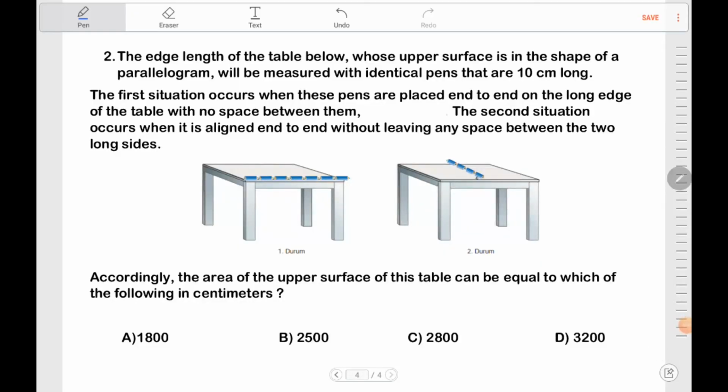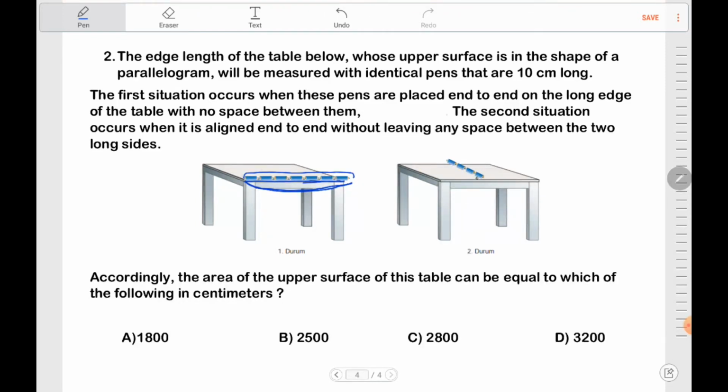So, the long side of the parallelogram is measured with pens like this. However, the length of all pens is not equal to this side of the parallelogram.